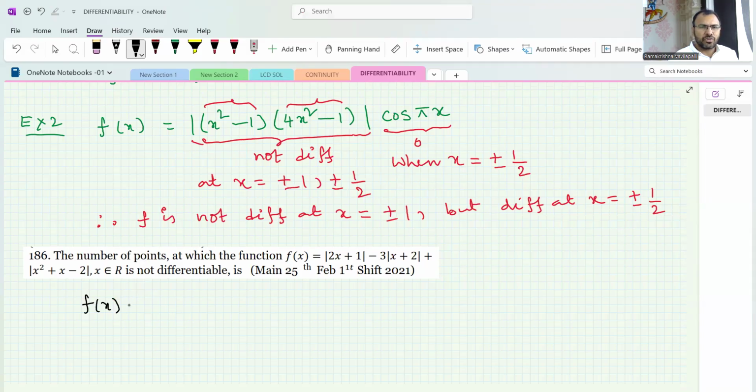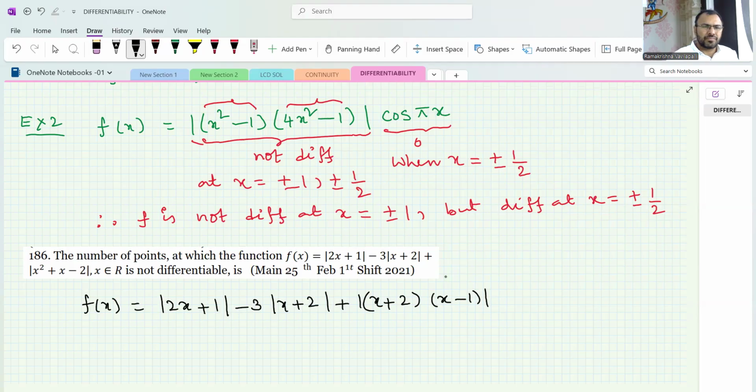So here f of x equal to modulus of 2x plus 1 minus 3 into modulus of x plus 2, plus, I will factorize, modulus of x plus 2 into x minus 1.